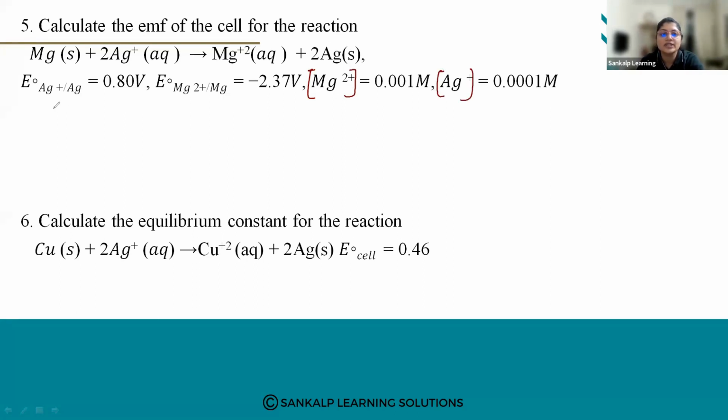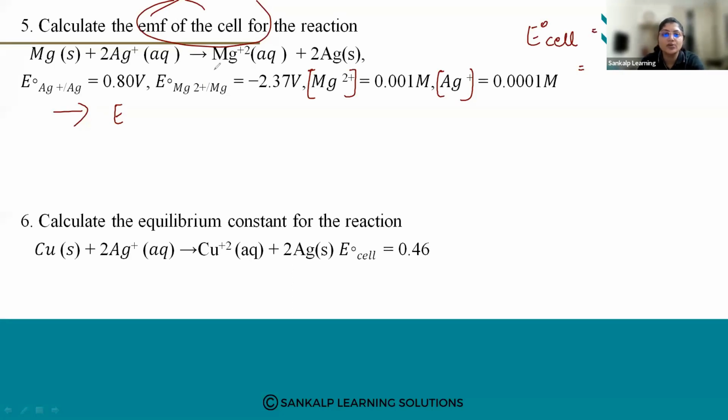So first is the EMF of the cell. For the EMF of the cell, we want E naught of cell. We do not have E naught of cell, but the E cathode and E anode reactions and values are given. So from this, we first find E naught of cell. E naught of cell is E naught of cathode minus E naught of anode.